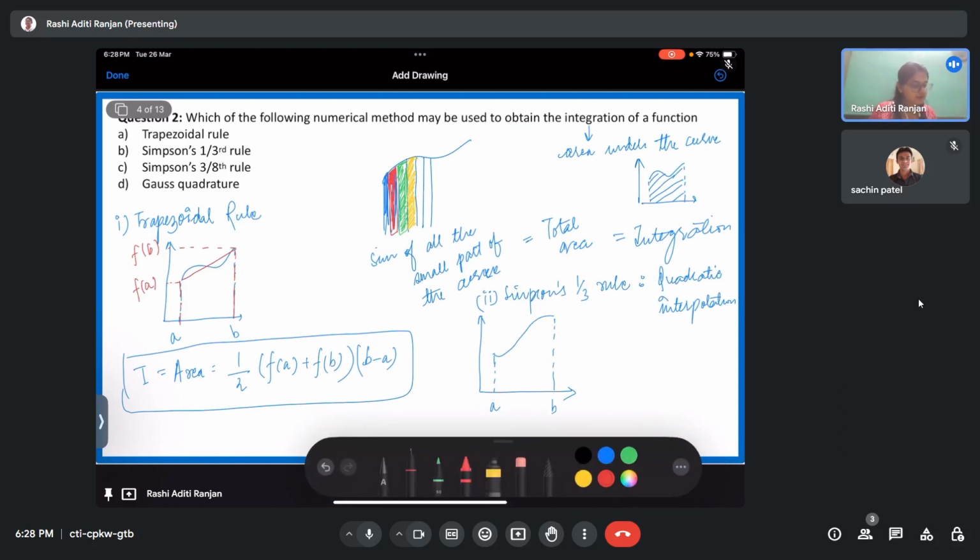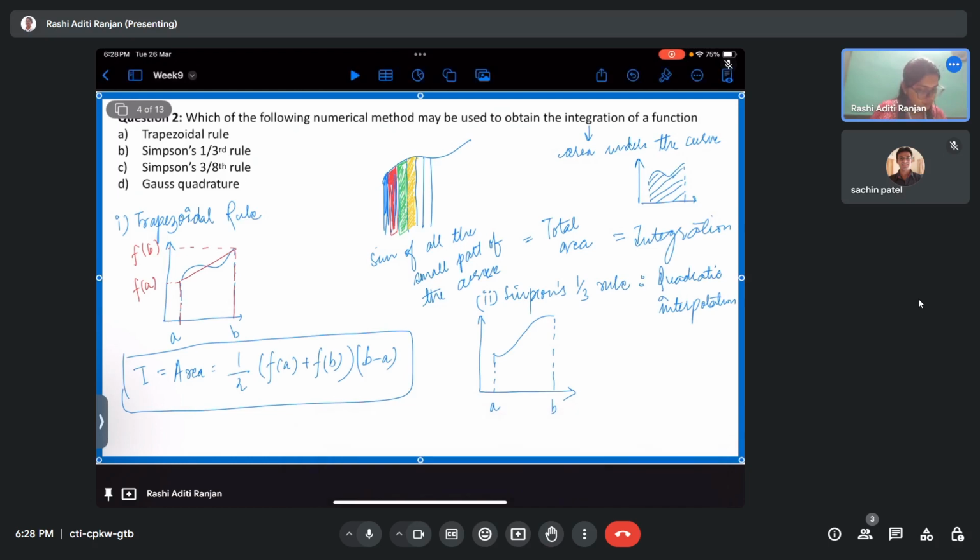So my Simpson's rule makes the curve something like this.